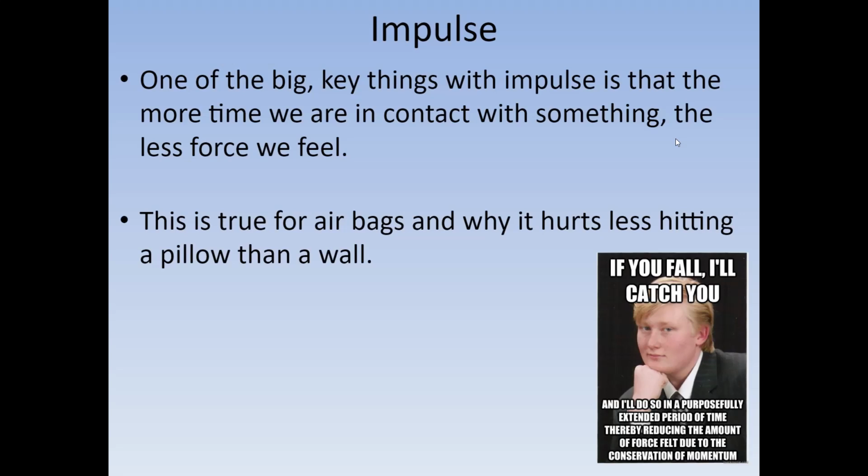However, what's going to be different is the amount of time it takes for the car to come to a stop. In the case where you crash into a brick wall, the time for the stop will occur very quickly. So the time will be very small. Likewise, crashing into a big pile of hay will result in your car coming to a stop over a much longer period of time.